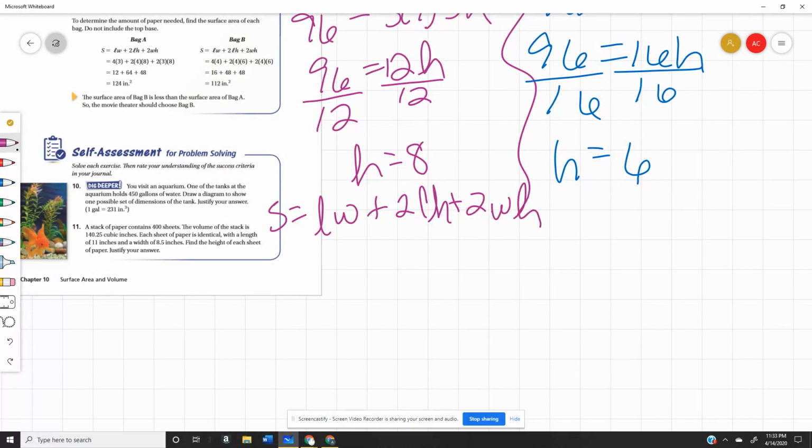Okay? So length times height is going to be 4 times 3. And remember, we're only doing one of these because we're not including that top piece. Okay? Because it's a popcorn bag and it doesn't have a top piece.